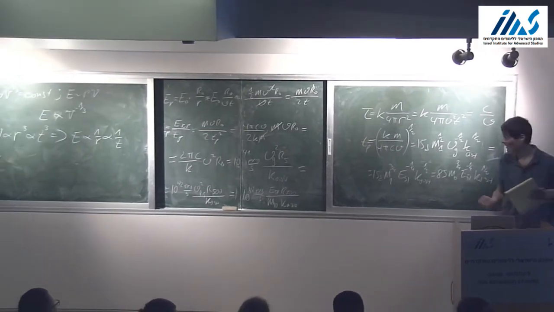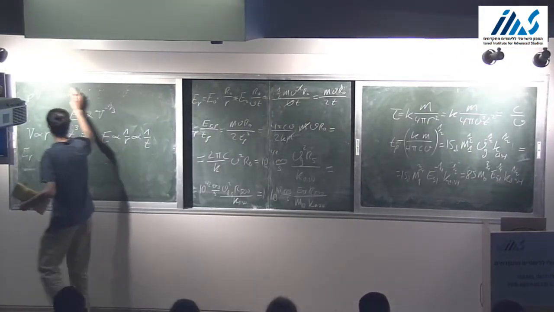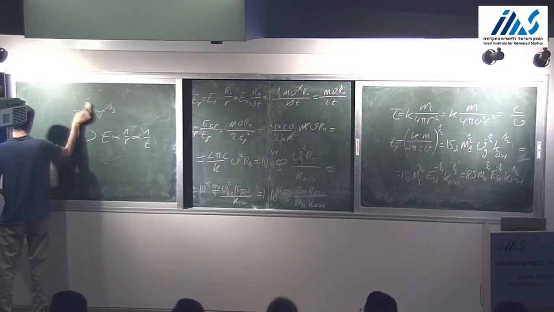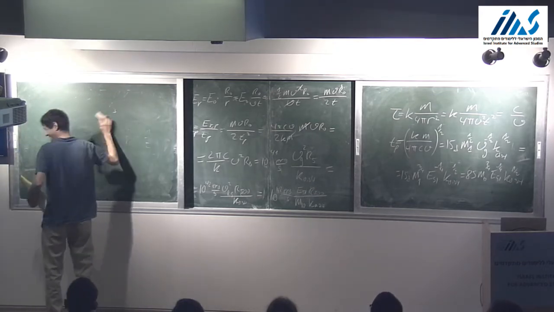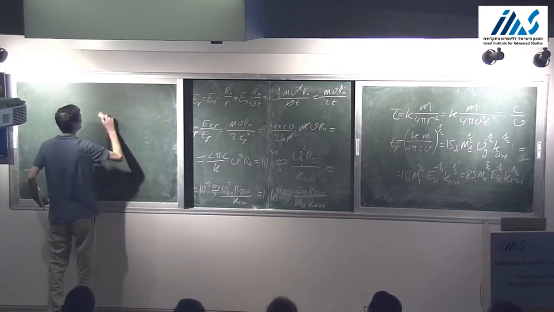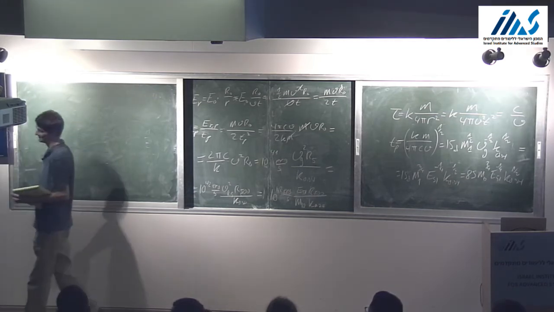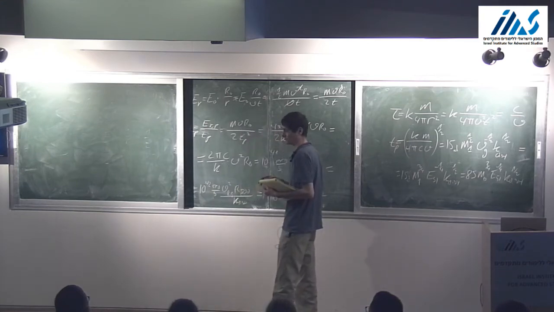Oh, just one more thing I want to show you. It's not the peak of the luminosity. It's the time over which all the energy is released. So it's E-peak, actually. I will show that the luminosity is actually going down before that.